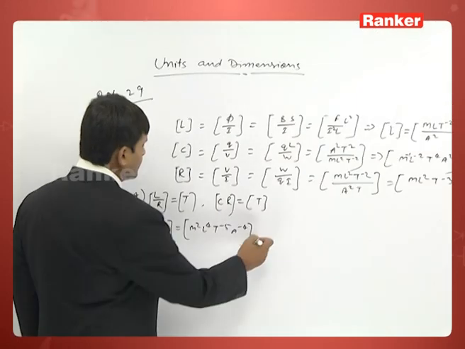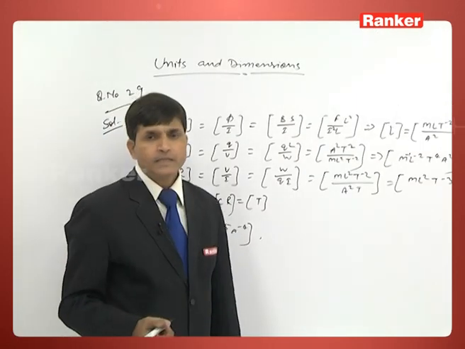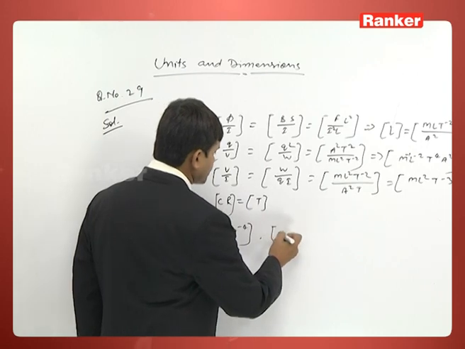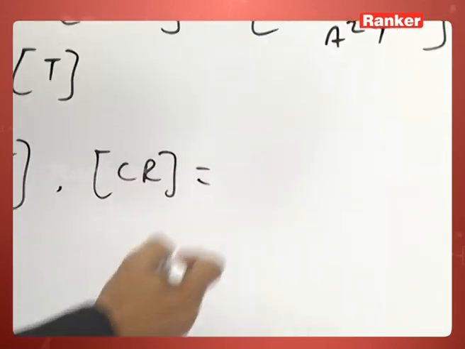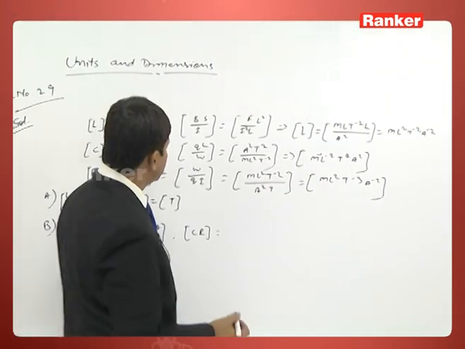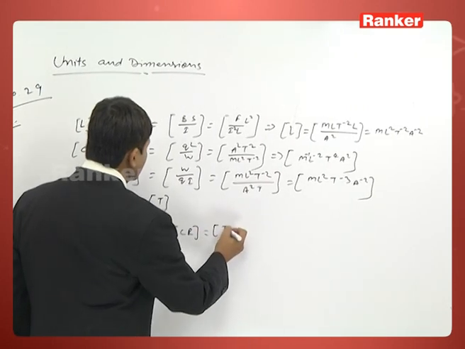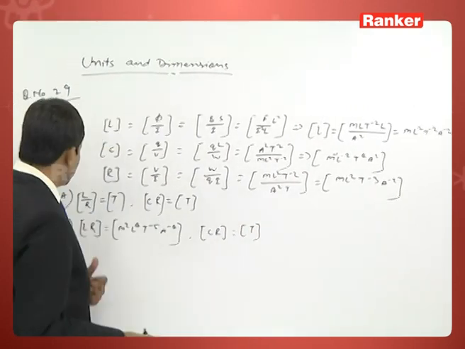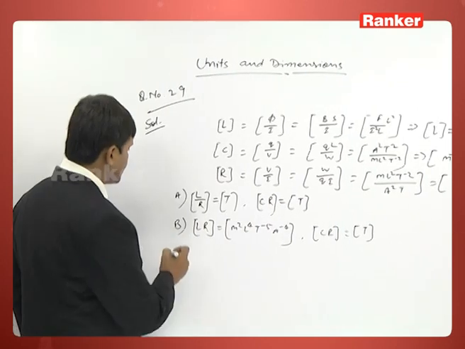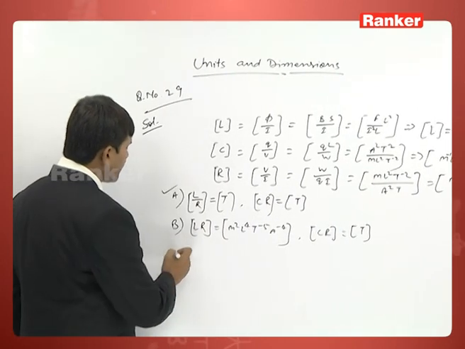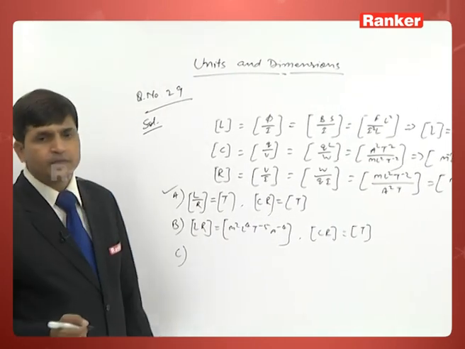This is your LR. Then check CR. When we do CR, the dimension will be T. So in B this pair does not match. First, A is matching. Now, see the C option.